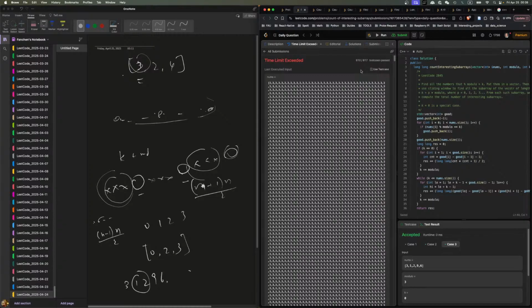Because right now we have to go through another sliding window. For this length, I need to go through the sliding window. Basically this times this, and I will move to next. And now I say this times this, and next this times this.